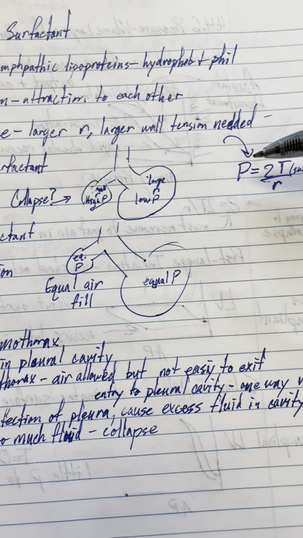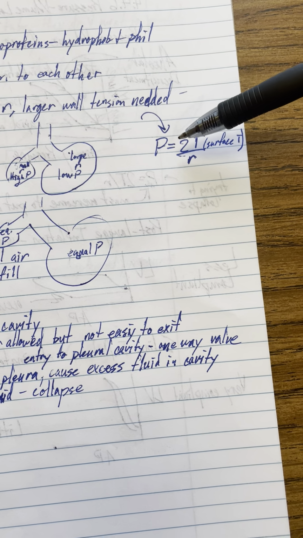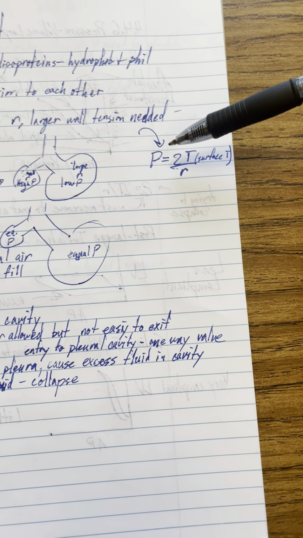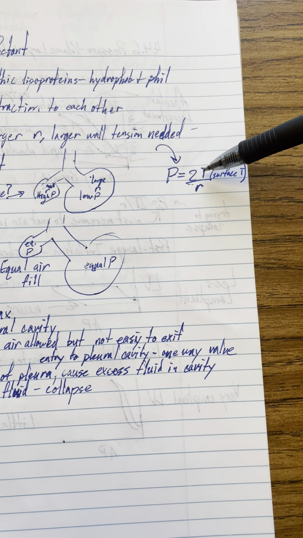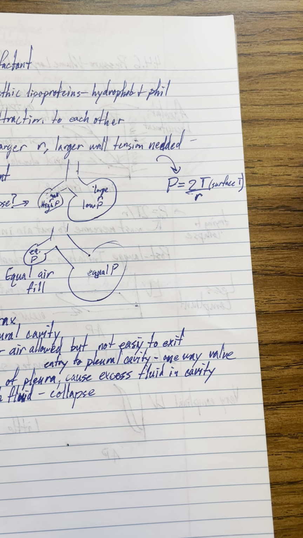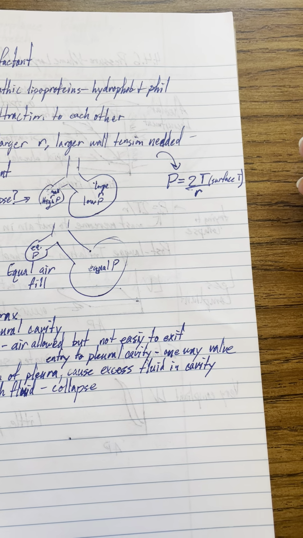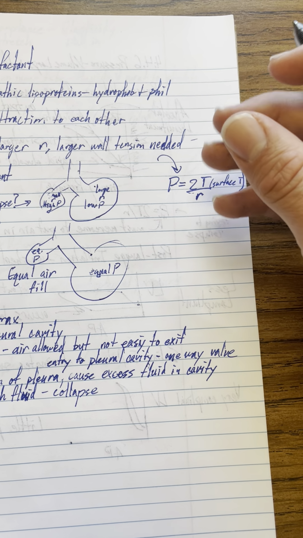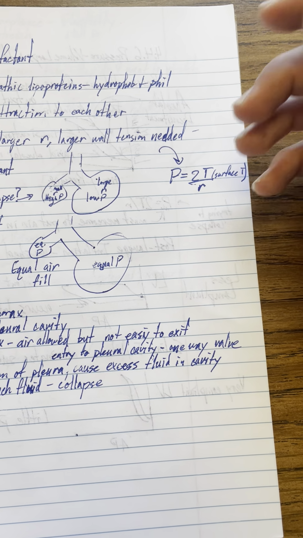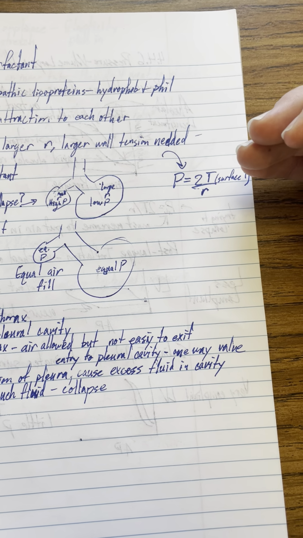So if we had a lack of surfactant within this diagram, we can see, well, first off, let's cover Laplace's law. This is kind of a mathematical scenario. This is the pressure to pull in, the pressure that the alveoli sustains and how hard it is to get air in.